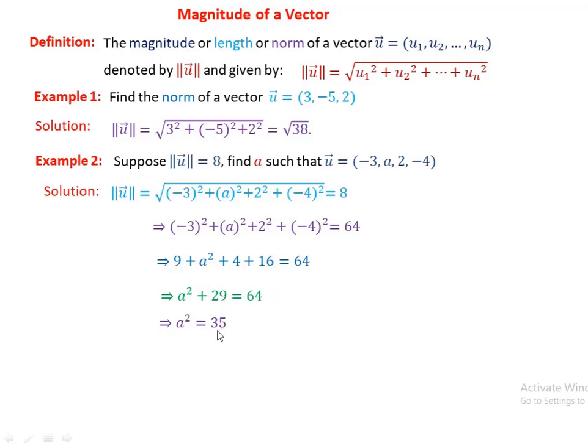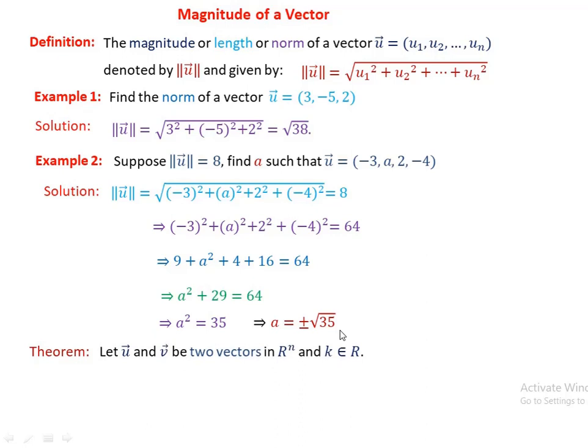Therefore a square = 35, so a = plus or minus square root of 35. Therefore the values of a are plus or minus square root of 35.